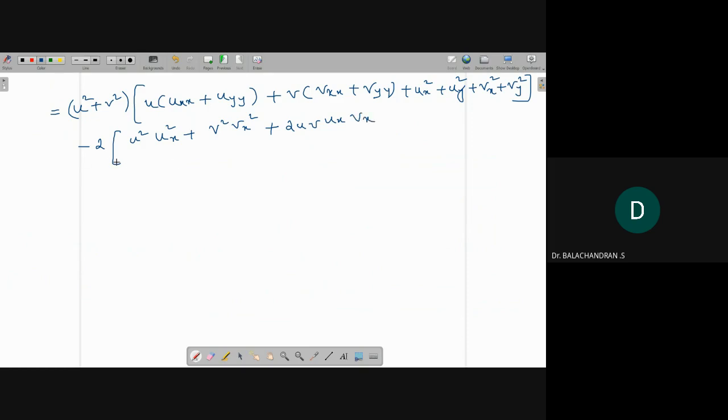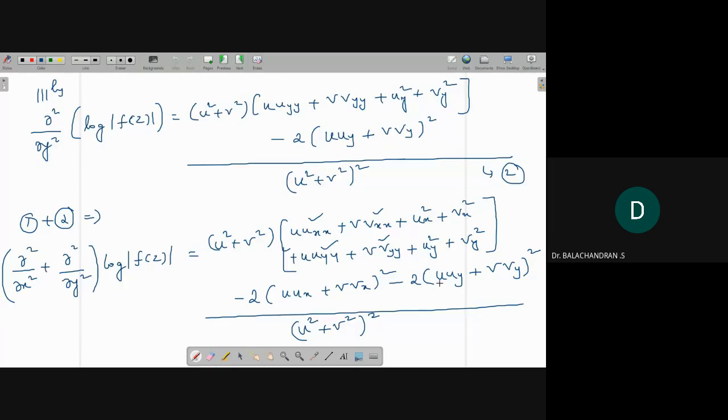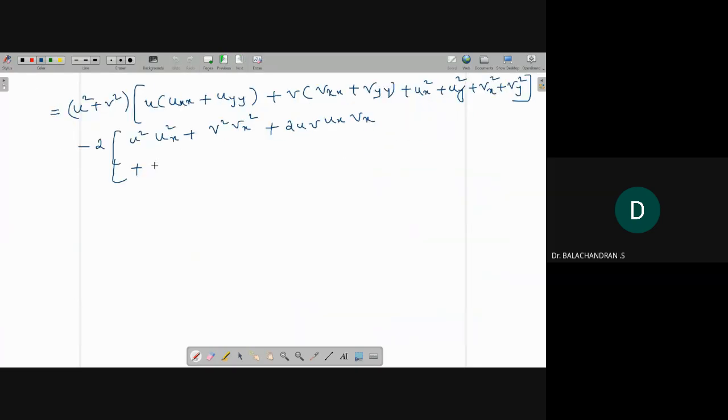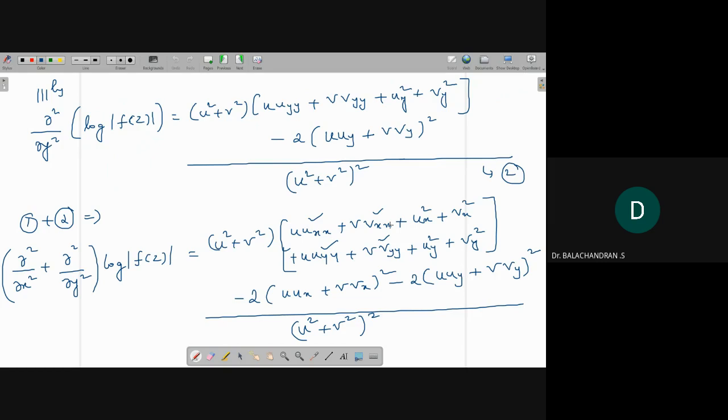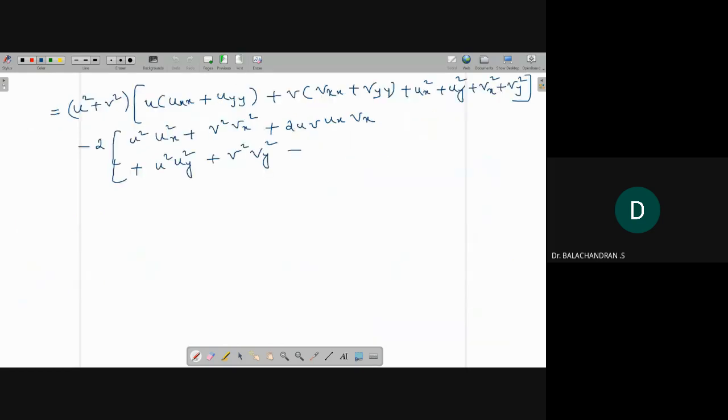Okay, and then plus u square into uy square plus v square into vy square plus 2 times uv into uy into vy. Close the bracket, and then the denominator is u square plus v square whole square.